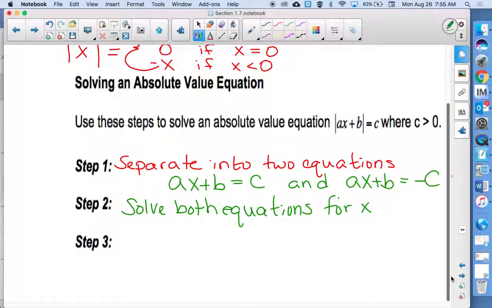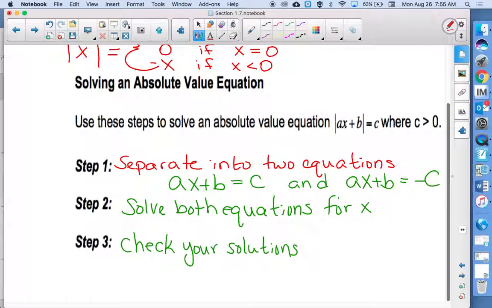And then the last one would be to check your solutions. Sometimes we can do a little mental check, other times we might have to show a little bit of work. So the key thing to remember is that you can have a number on the left and the right that has the same distance to get from the center, which is why we're going to have two equations to solve.